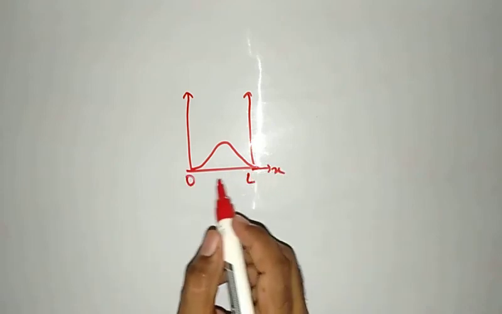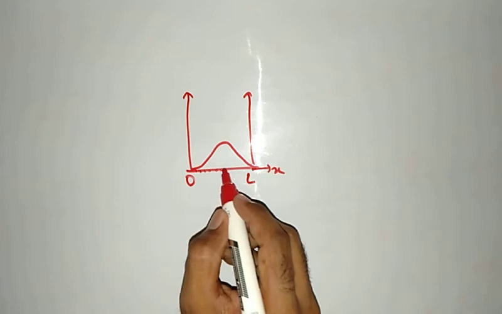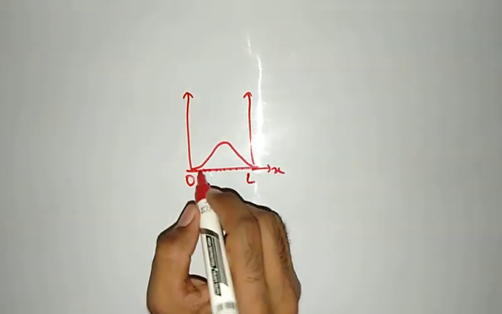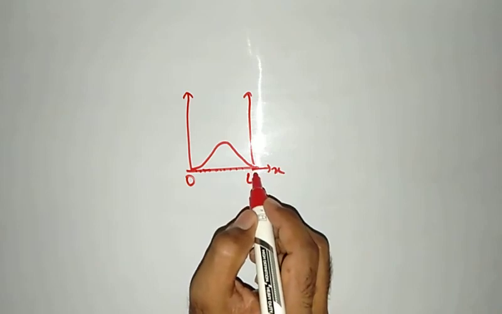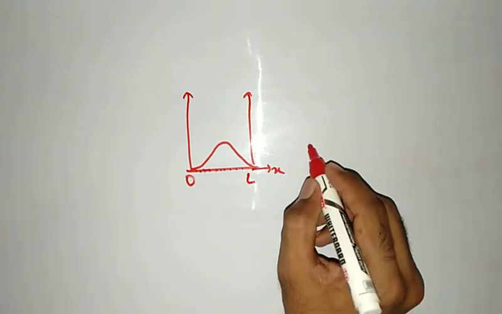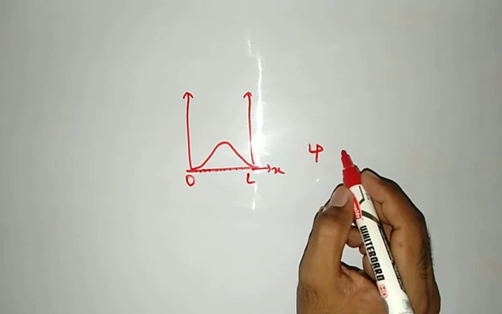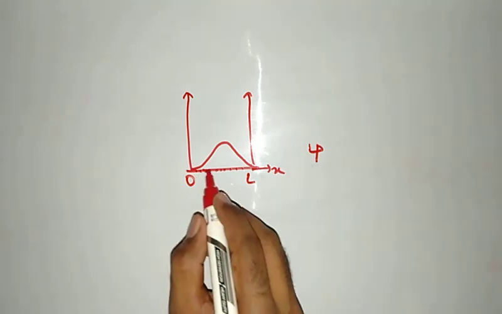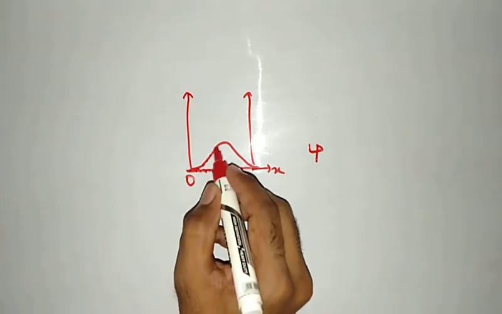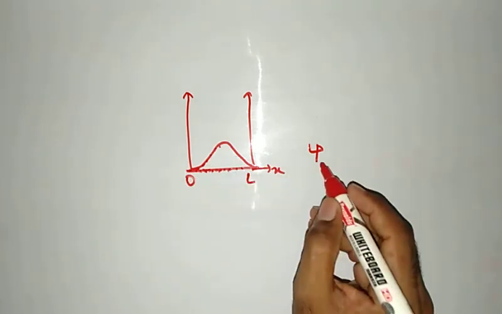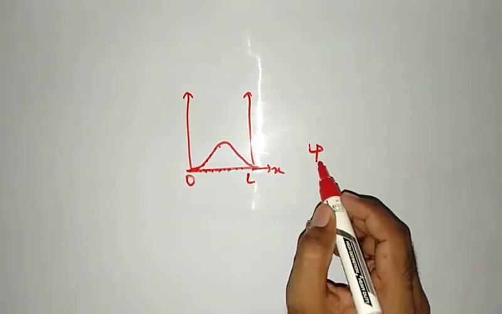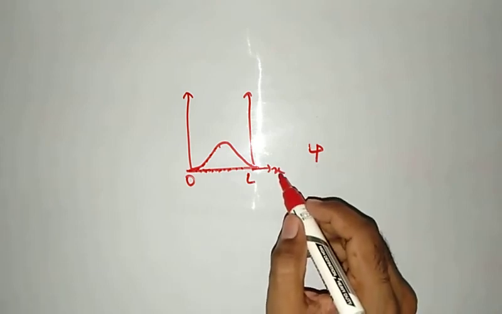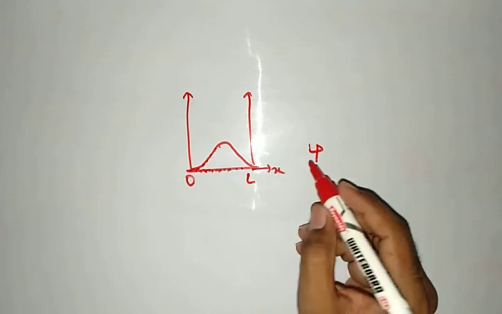It means that at each point there is a different probability, that is, probability density variation. It means that psi is continuous at x. As x varies, psi is also varying. It means that psi is a continuous function.